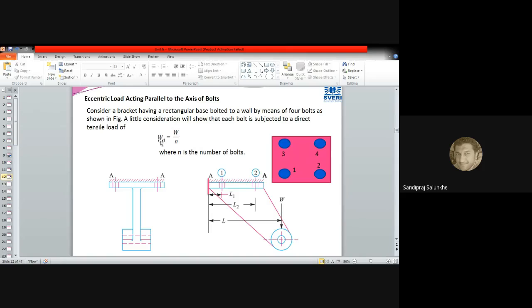The tensile load coming on each bolt is denoted by W suffix T1, where 1 indicates that the bolt considered is only one. It is equal to the total load acting downward divided by the number of bolts used. Because the total load is shared by four bolts, the direct tensile load on each bolt is W divided by N, where N is the number of bolts.